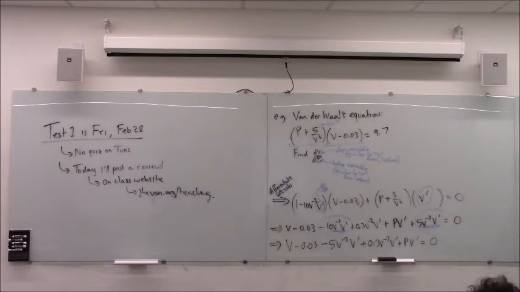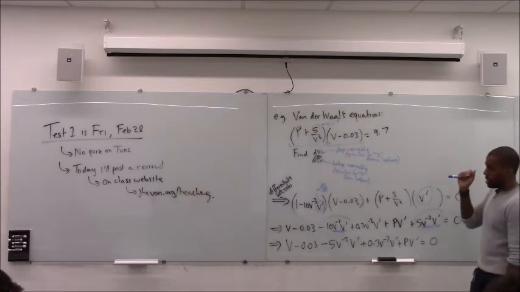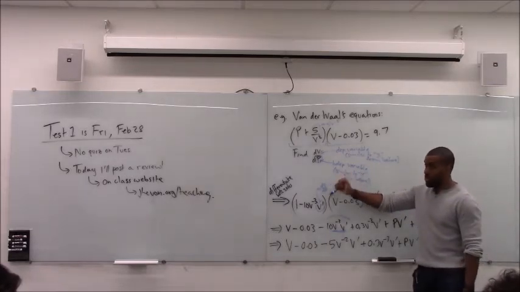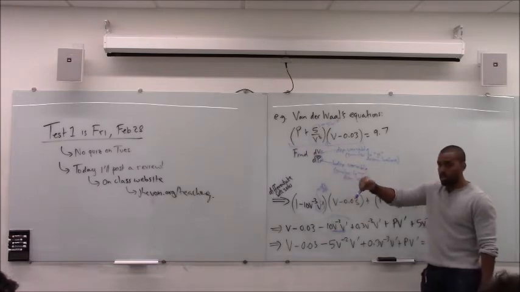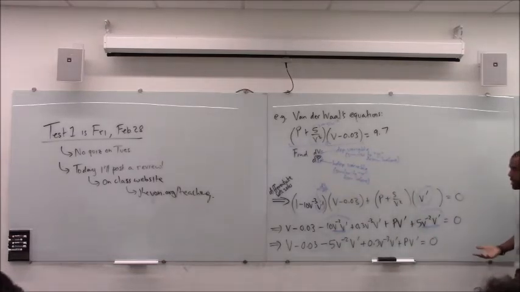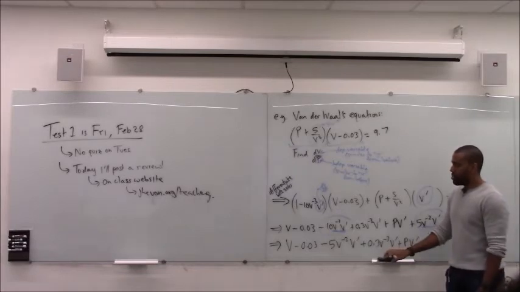For the notation, because last class, instead of doing v prime, you wrote out dv dp, would you rather have us do v prime? I don't particularly care, it's just that last class I really wanted to emphasize who was the independent variable versus the dependent variable. In this case, I think it's fine if you just use the v prime.